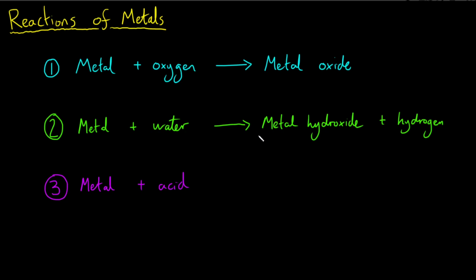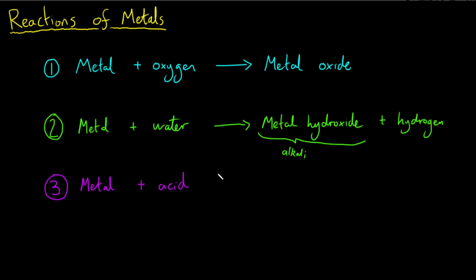Now you may remember from Unit 1 that a metal hydroxide is an example of a chemical called an alkali. So if I take an alkali metal, something from group number 1, place it in water, I'll produce an alkali, or known as a metal hydroxide, and hydrogen gas. So there's our second reaction.